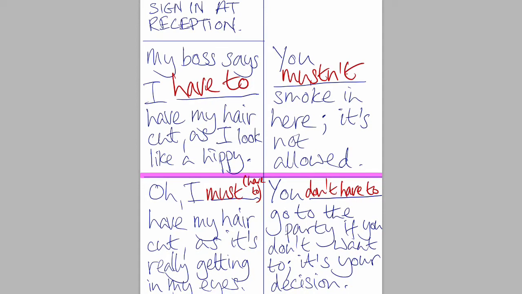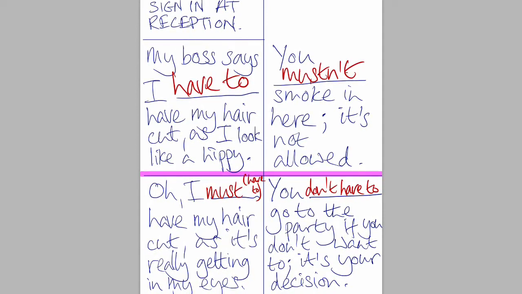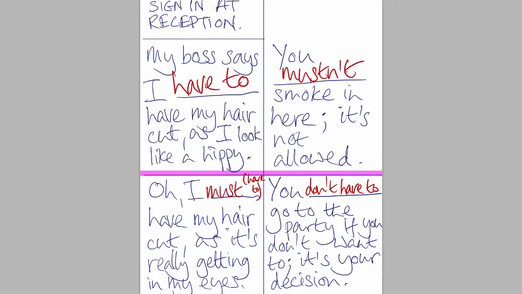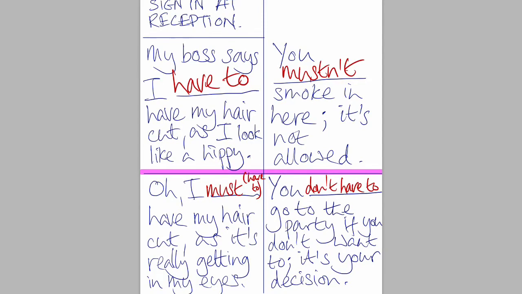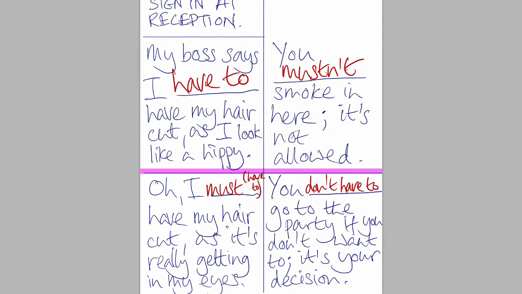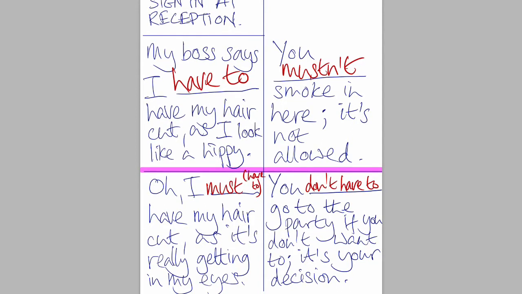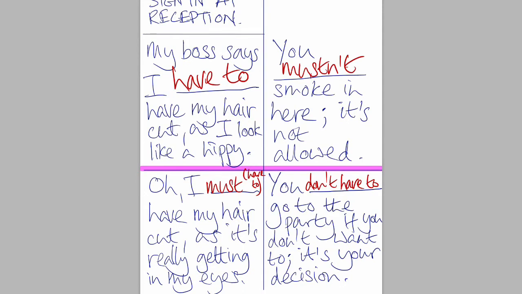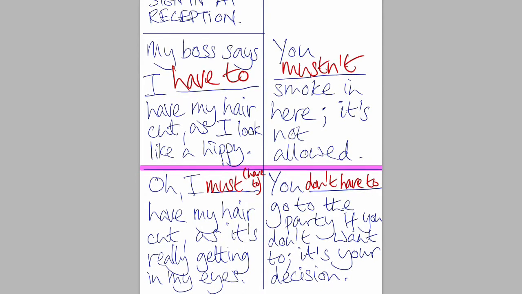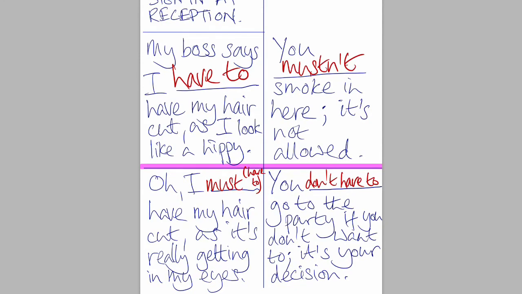So you can see we have these different concepts, and language is twisted to address these concepts. And so this is how must and have to work in English, just to address the idea of whether the decision-making power is external or internal.